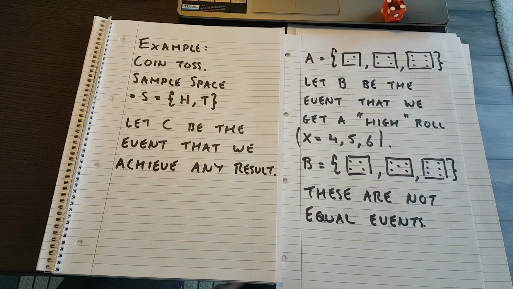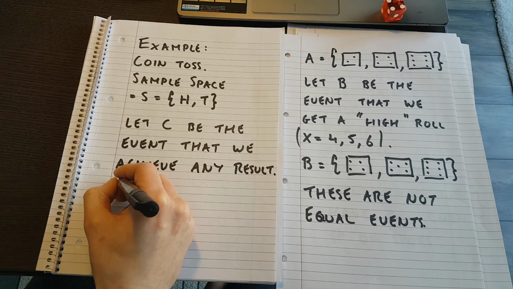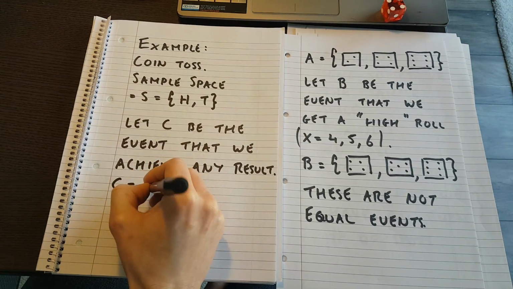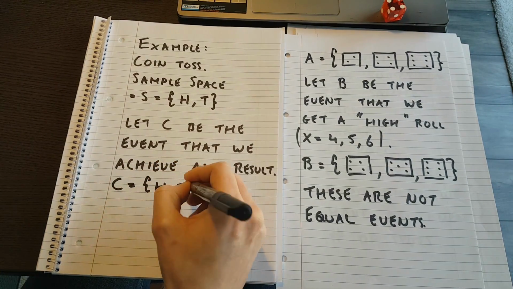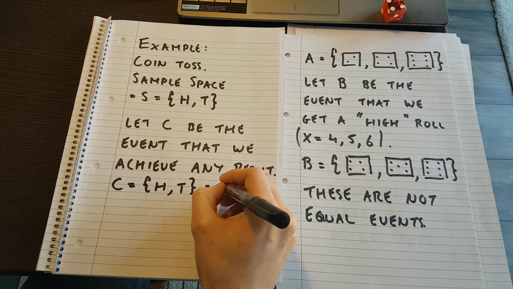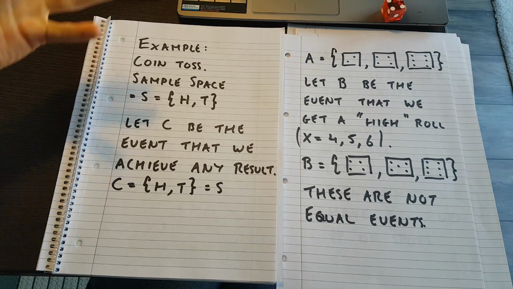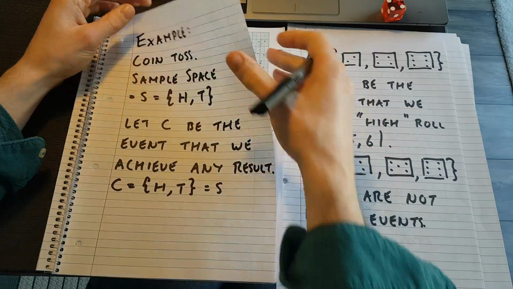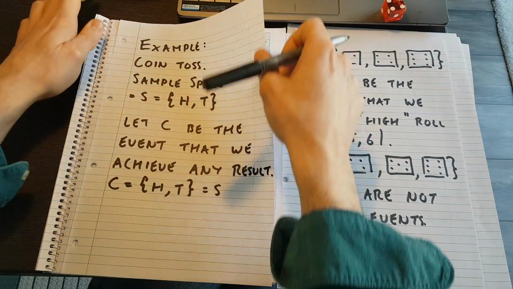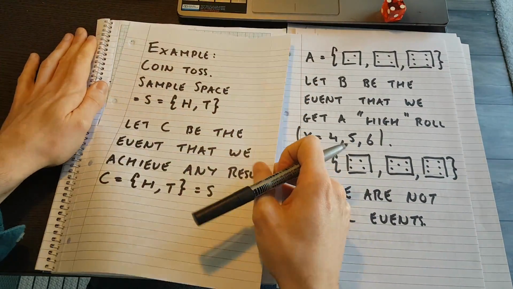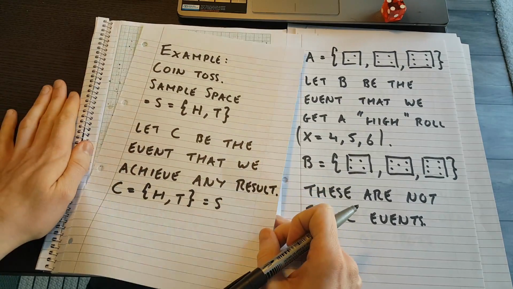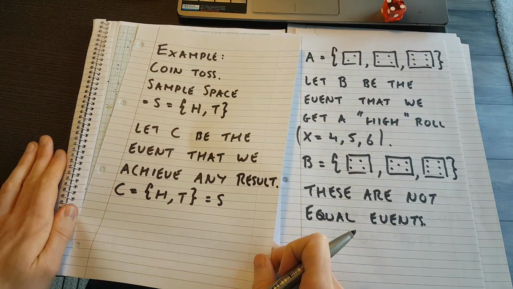Well then C would be H and T, which would be the same thing as S. So that's totally acceptable as well, and that would be an example of another sample space and another event.